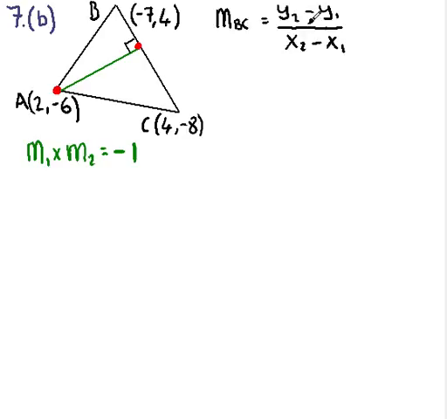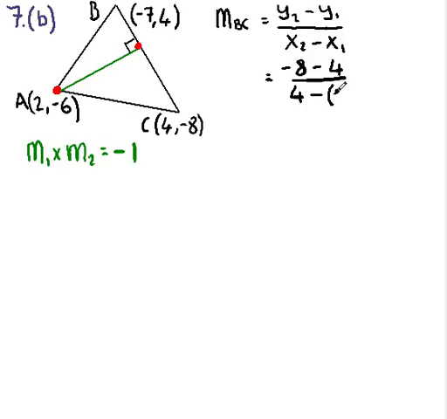So our gradient formula, y2 minus y1 over x2 minus x1. Remember that we're using points B and C. So y2 is minus 8, and we're going to take away y1, which is 4, divided by x2, which is 4, take away x1, which is minus 7.